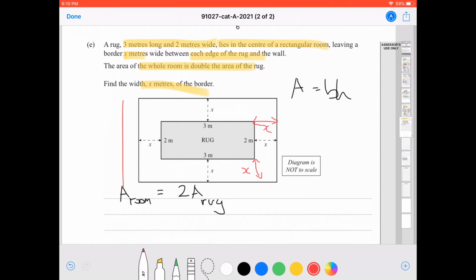And what is that distance? Well, this is 2, and this is x, we know. This is also x. So we can say the width, or the height, of the whole room is 2 plus 2x here.